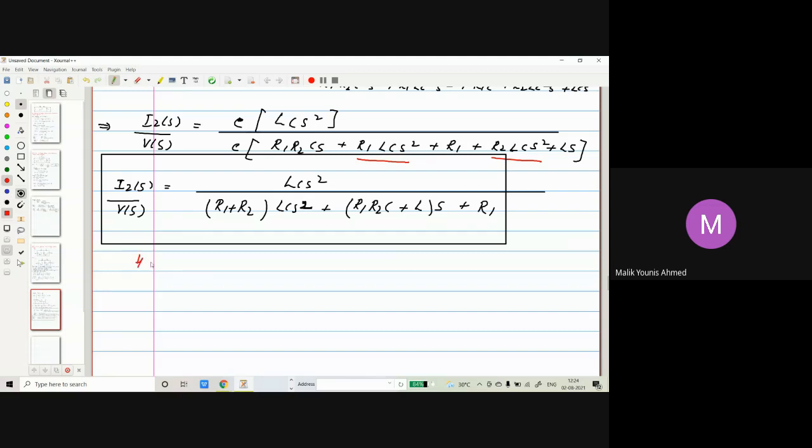Homework for you is: solve the same question using nodal analysis technique.